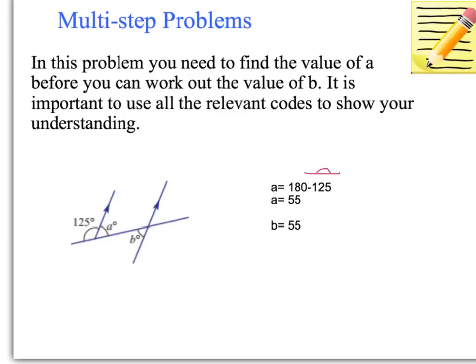So we use the supplementary code to show that we understand that. So A then equals 55 degrees. And because we know that alternate angles are equal, and this is an alternate angle here, the Z shape, this one and this one are equal, so we can write the Z shape symbol to show that because the angles are alternate, B equals 55 degrees.